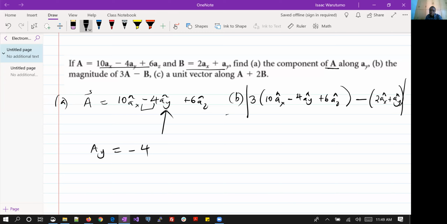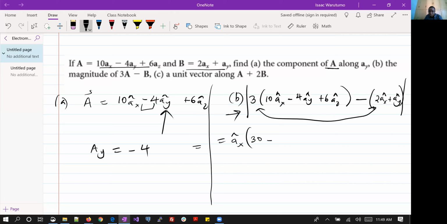This simplifies the magnitude. So what do you do? You first of all work out this one that becomes 30. You can say it is equal to, I think I can put a line between here, AX before so that I perform this subtraction, which is equal to 30 minus 2. Then I can say plus AY. Then I say this minus that, which is equal to minus 4 minus 1.